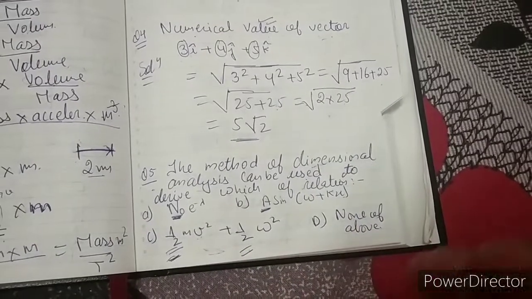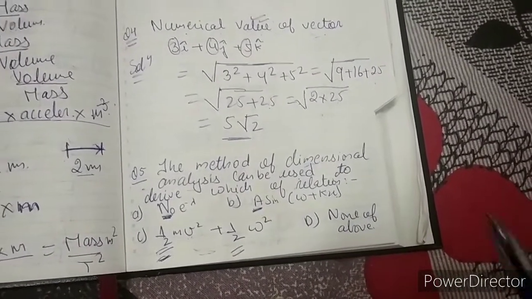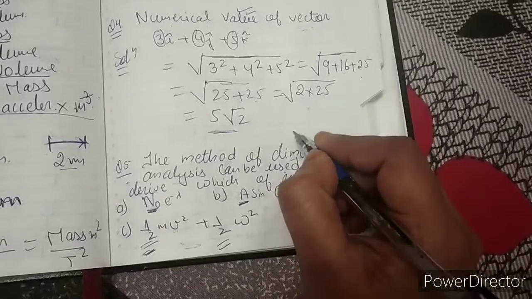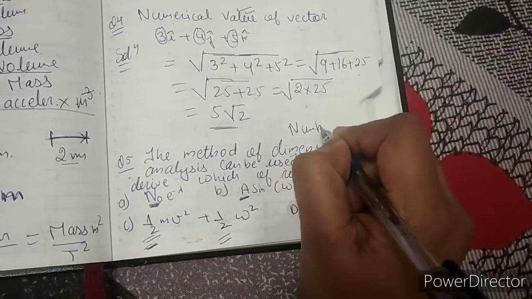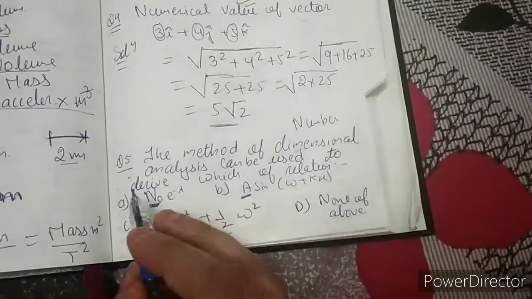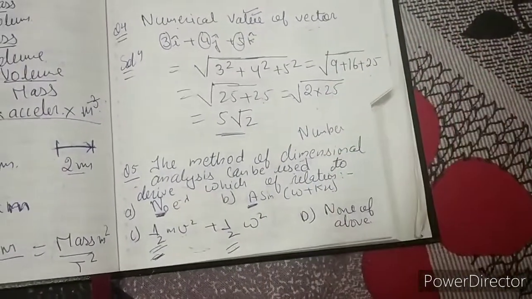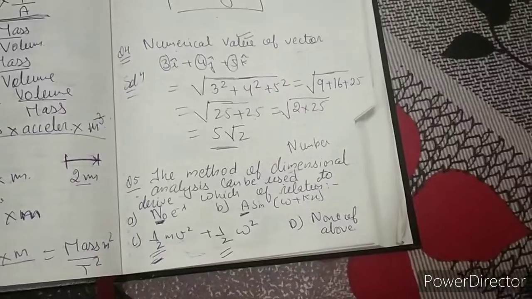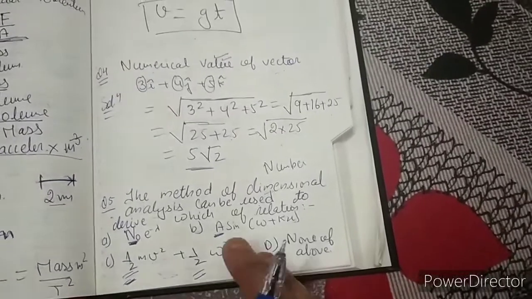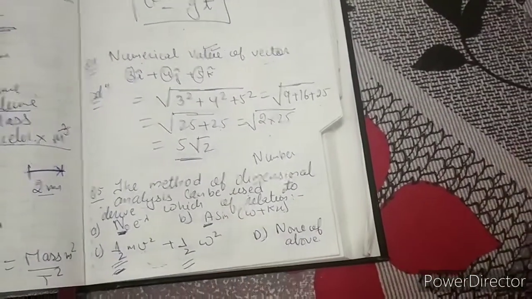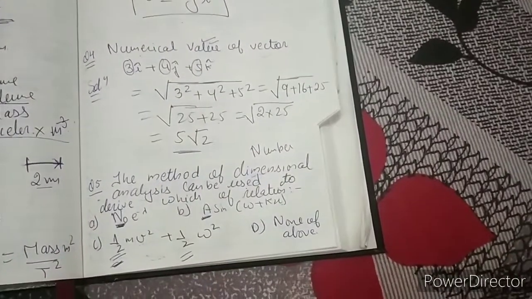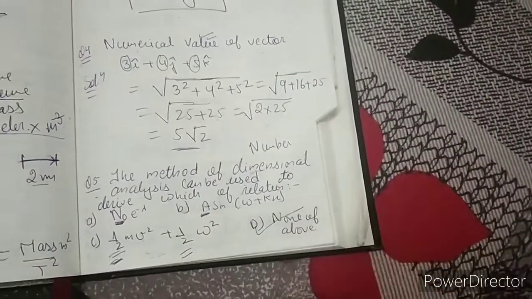We only get information about units, not constants. Constant means a number. We never get information about any number, like 2 or half. For measuring these parameters we have other methods, but not dimensional analysis. So the correct option is none of the above.